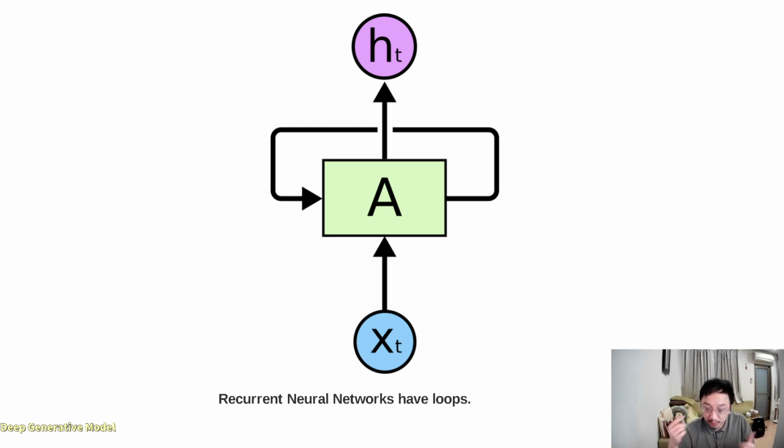So there's no loop. In an RNN, we have a loop right here. So how does it even compute if we have a loop in our neural network? It doesn't make much sense, right?